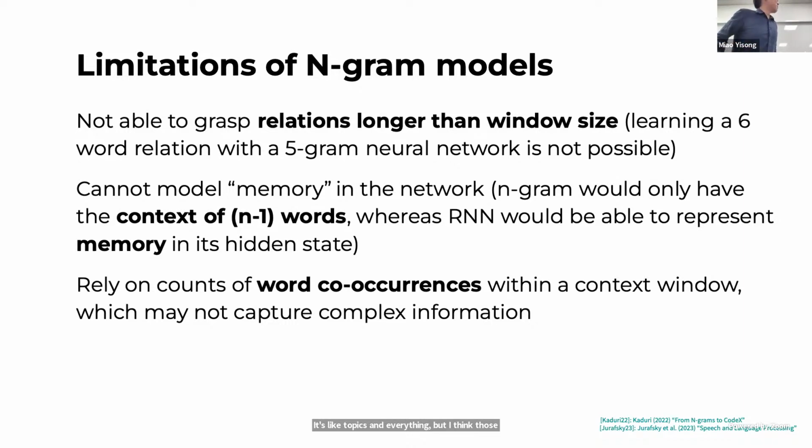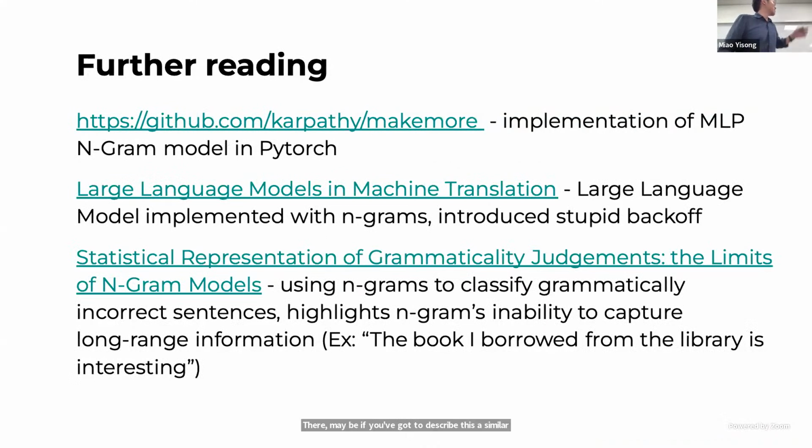Yeah, and it cannot model memory as well as RNNs or LSTMs later on. And you rely on word co-occurrences within the context window. It goes to the previous point where I said that language itself is a creative exercise. There are many ways to describe a similar meaning, and there are many different words to also describe a similar sentiment.